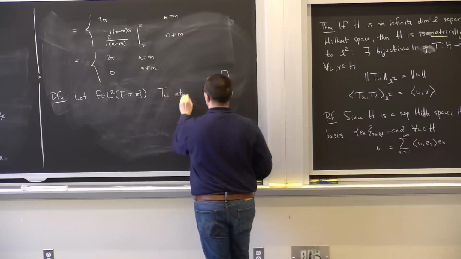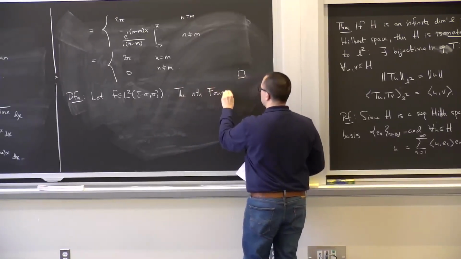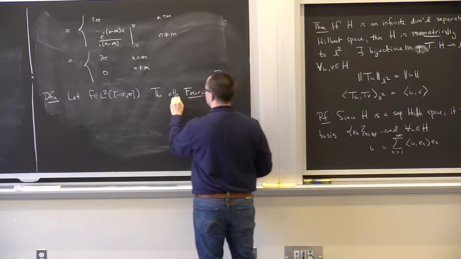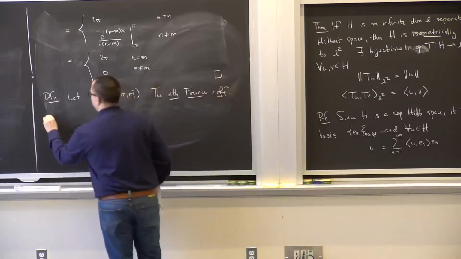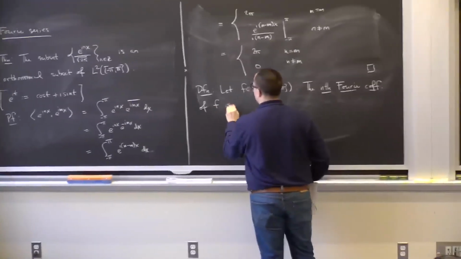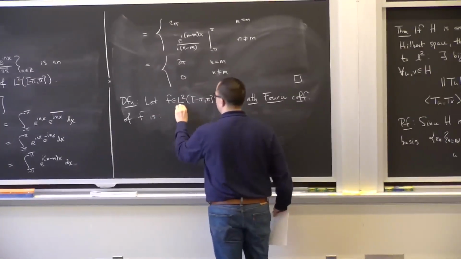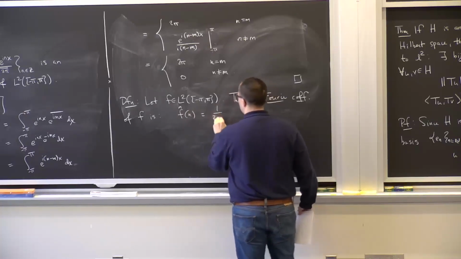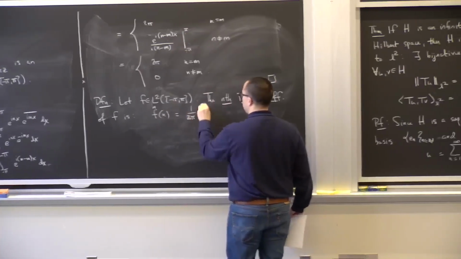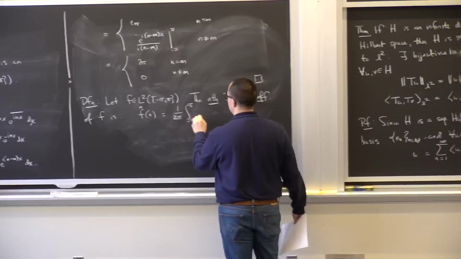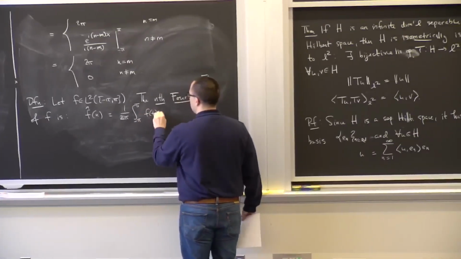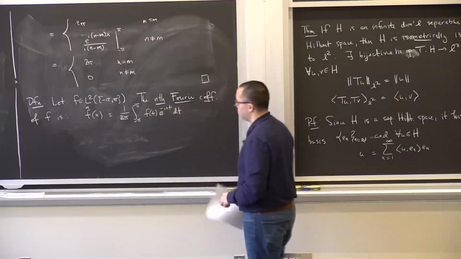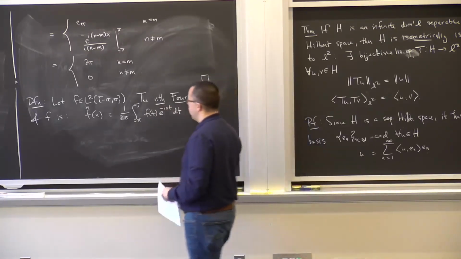The nth Fourier coefficient, this is the new bit of terminology, of f is the complex number f hat of n equals 1 over 2 pi times the integral from minus pi to pi of f of t e to the minus i n t dt. Okay?